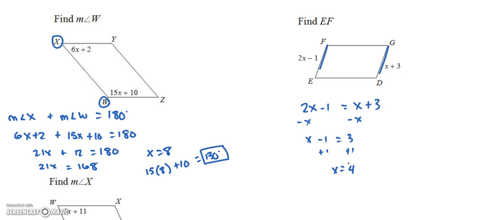So I get that x equals 4. I want to find EF. That's this side length here. So 2 times 4 minus 1 gets me 7. Okay, we can check this side too. Plug in 4, 4 plus 3. Okay, that gives me 7 as well. So I know I'm right.